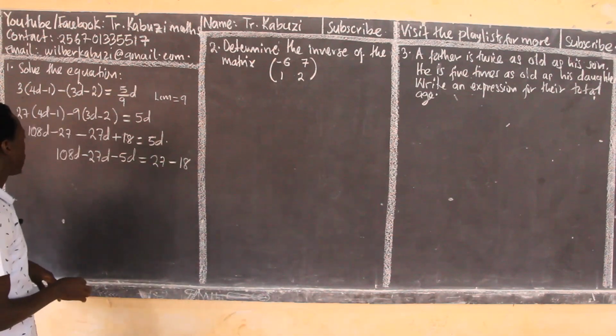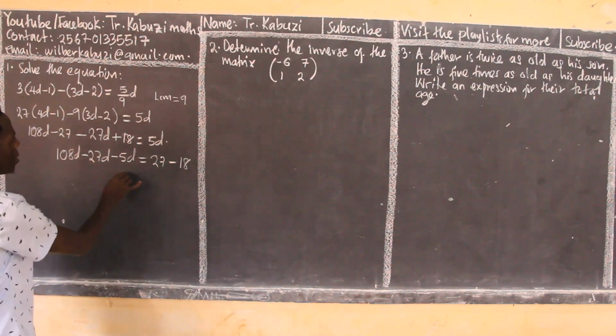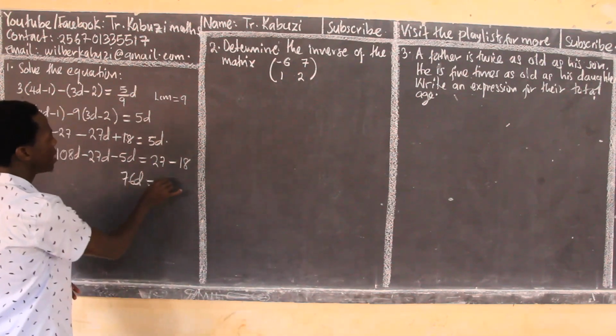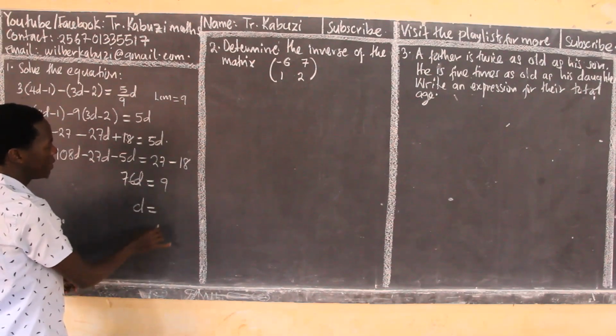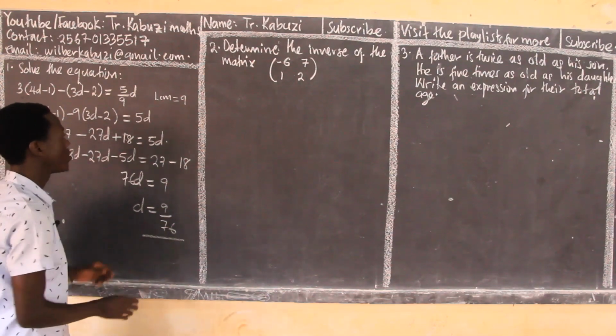I think when we simplify there, this will give us something like 76D equals 9. Making D the subject, dividing through by 76, we have 9 over 76, and that was the value of D.